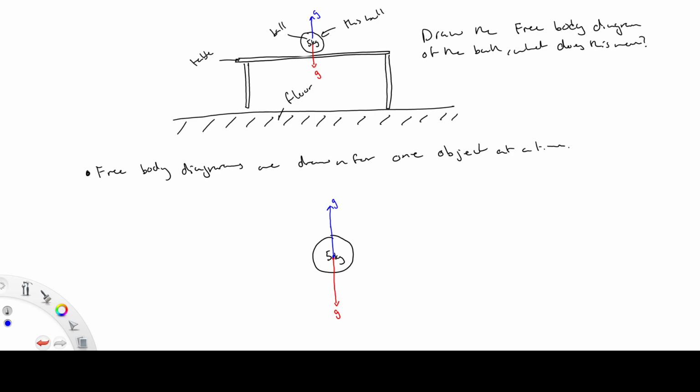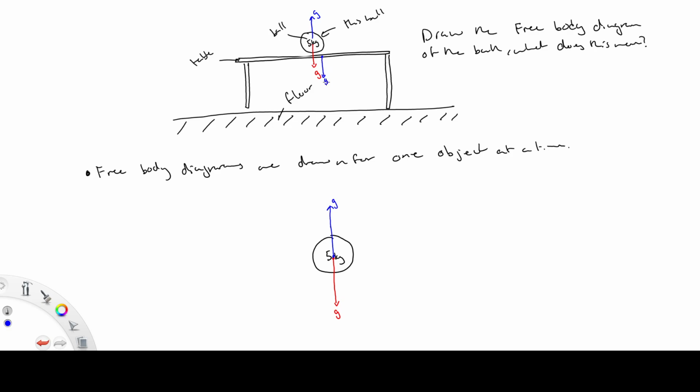Now, where is this upward force G coming from? It must be being put into the ball from somewhere. This upward force G is actually coming from the table. So the table is experiencing a force down here.